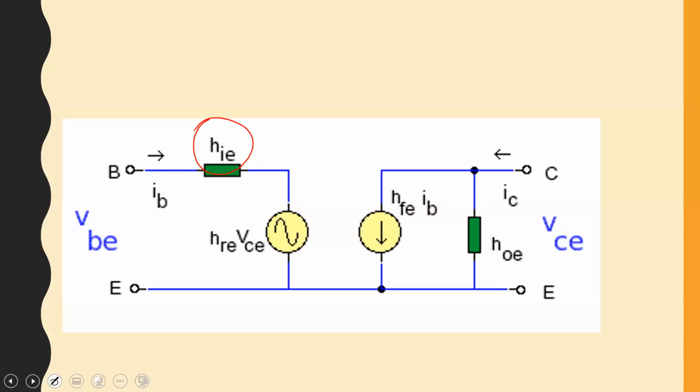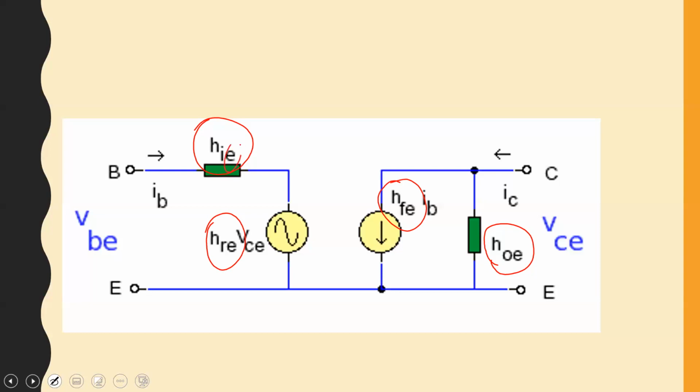And we said that that was the output admittance. The O in this parameter represents output. We also spoke about the reverse voltage gain. This parameter, the R, is for reverse. And then here we spoke about the forward current gain. This parameter, the F, is for forward.